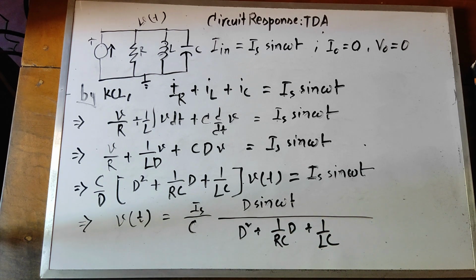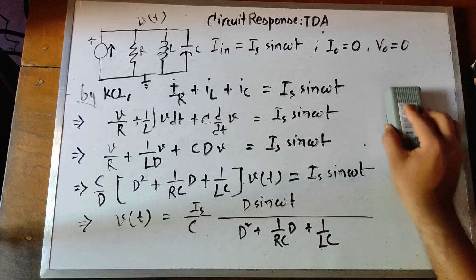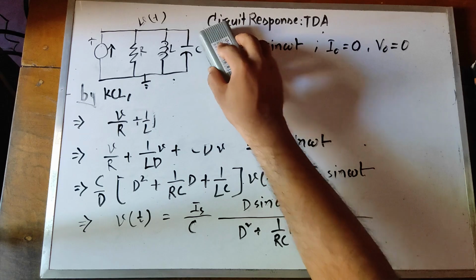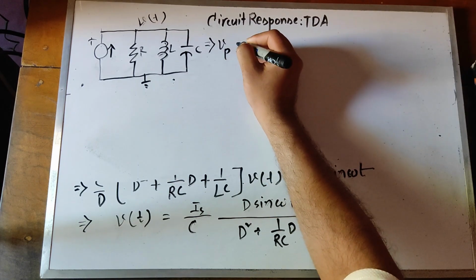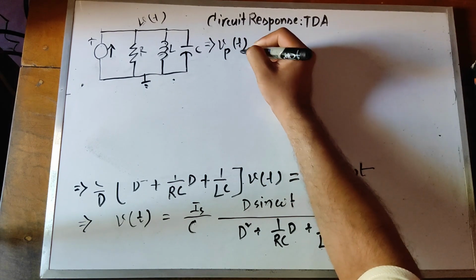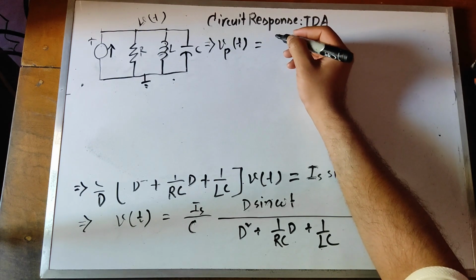So D is differentiation. I am using this as an operator, which is D. So differentiation with respect to time will give me V. I'm taking the particular integral, not the transient response.